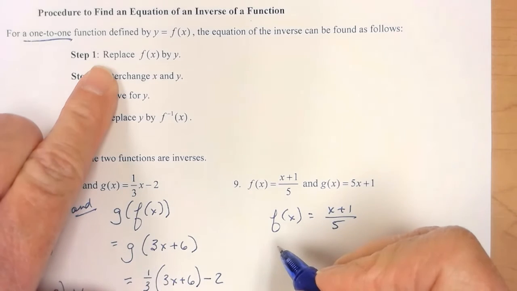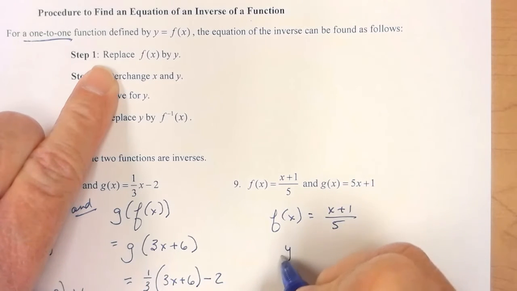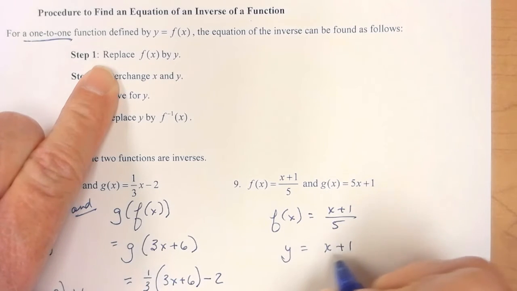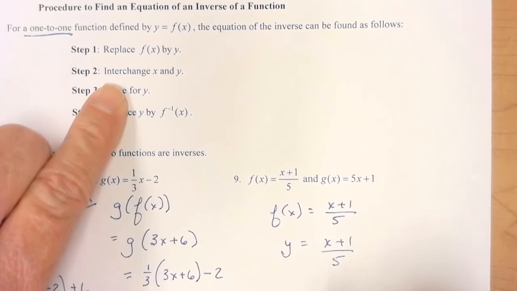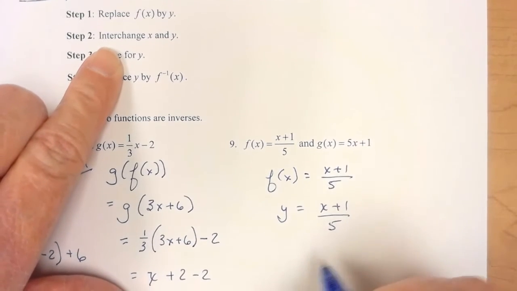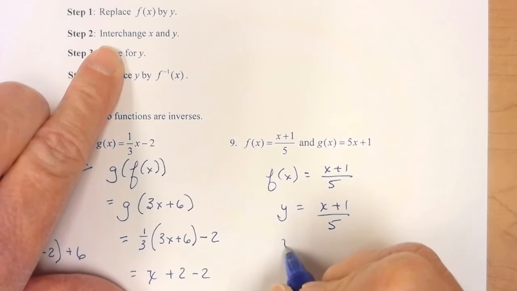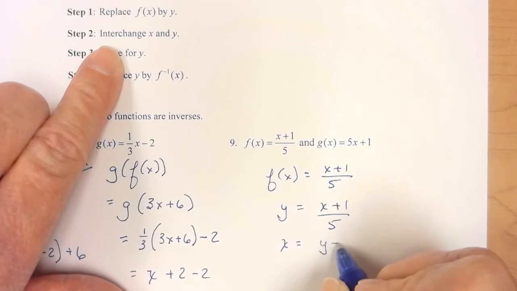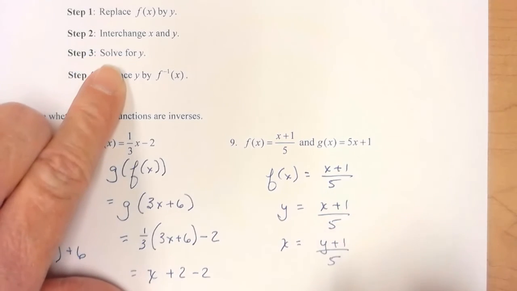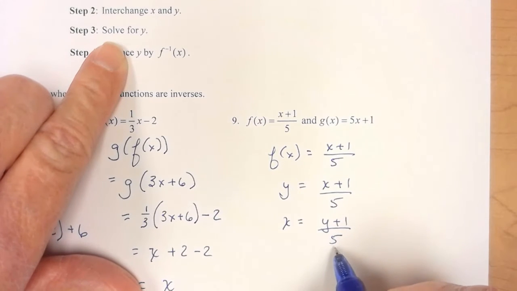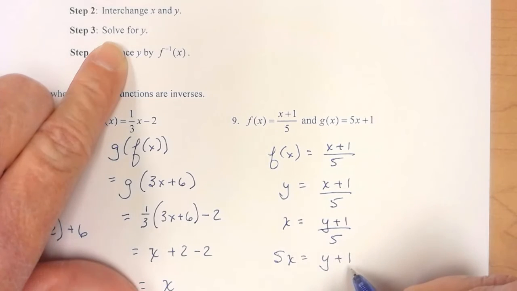First step, replace f of x by y. Second step, interchange x and y. Solve for y. So in this, I'm going to multiply by 5. Then I'm going to subtract 1.